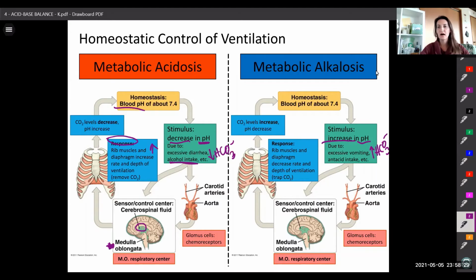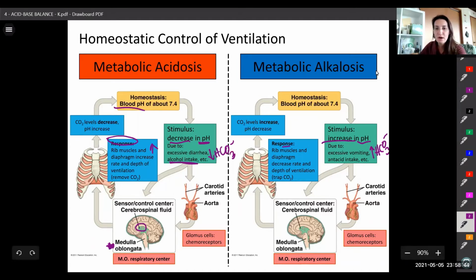And now that a high pH is determined by our medulla oblongata respiratory center as being an issue of lower than normal hydrogen ion concentration compared to bicarbonate.